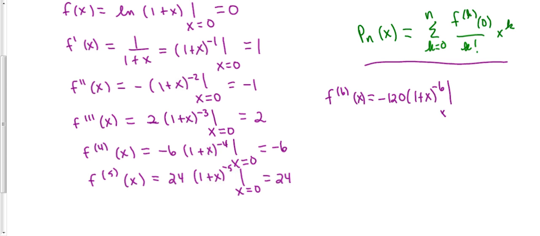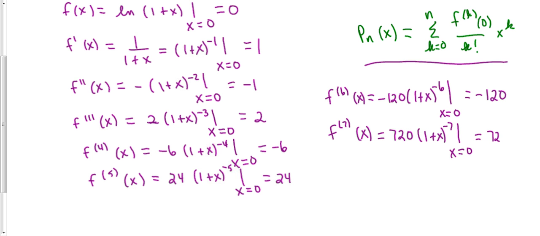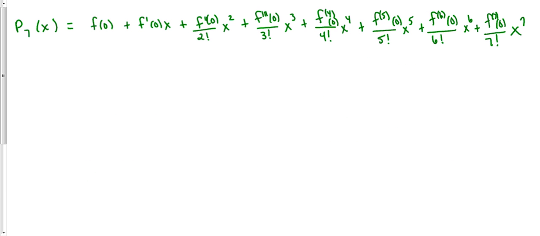We're going to evaluate that again at x equals 0, and that's going to give us negative 120. And we're just going to go out one more. So the seventh derivative is going to give us positive 720 times 1 plus x to the negative 7, evaluated at x equals 0, and that's going to give us 720.